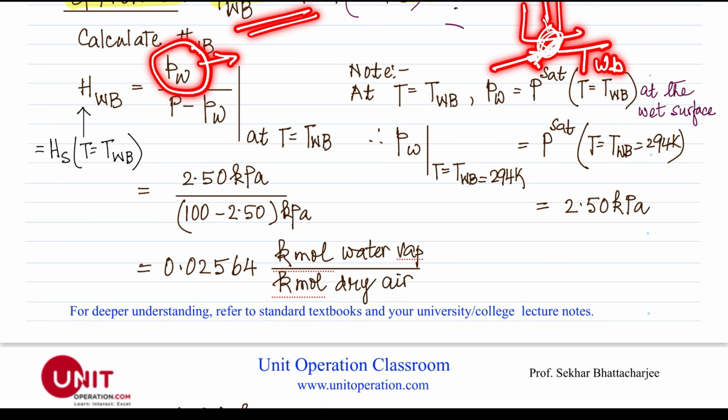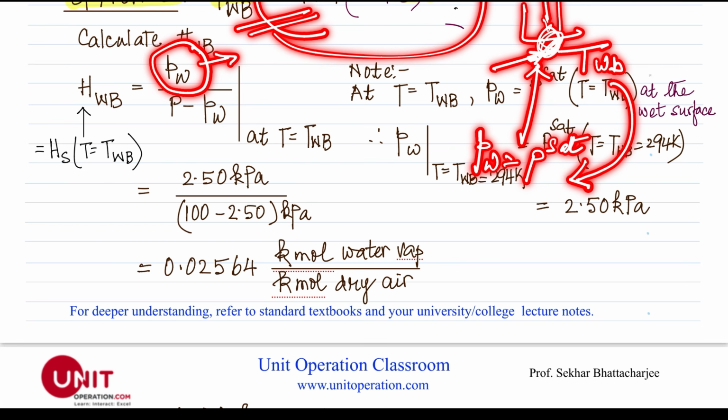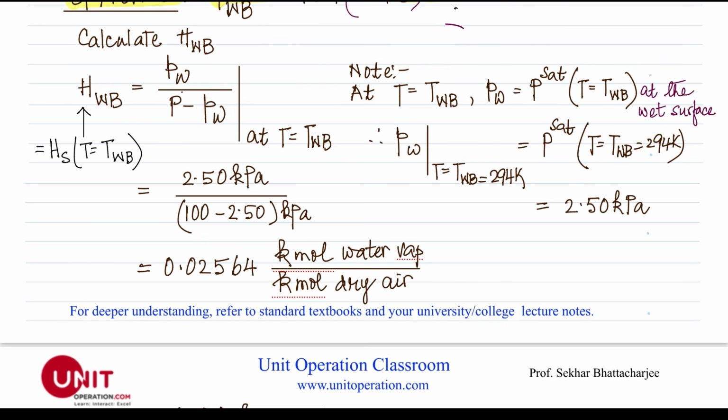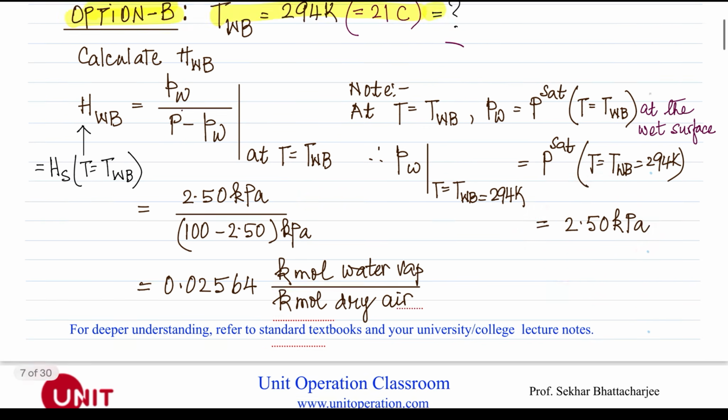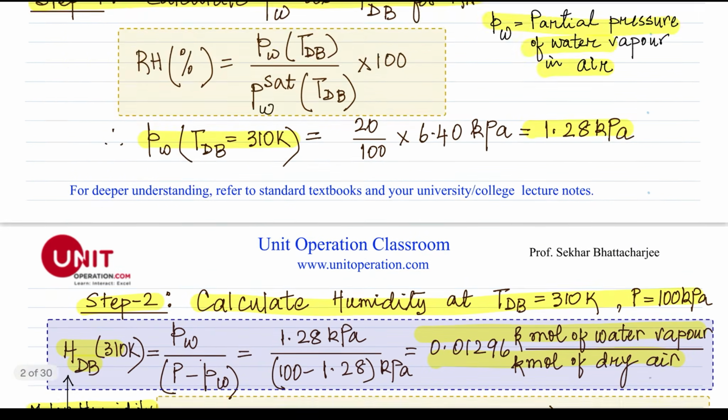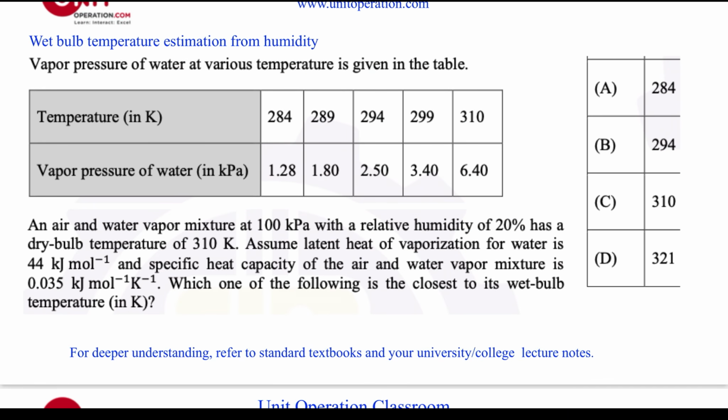So the partial pressure of water would be equal to the saturation pressure at the wet bulb temperature, right? So we have to first find out what is the saturation pressure at 294 Kelvin. If we go to the table, we'll find that at 294 Kelvin, the saturation pressure, the vapor pressure, is 2.50 kilopascals.